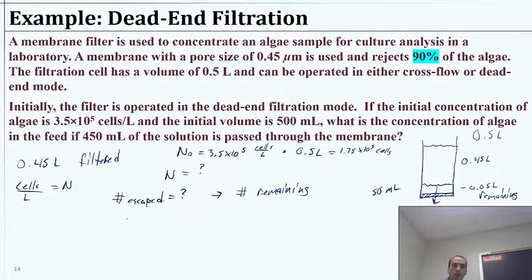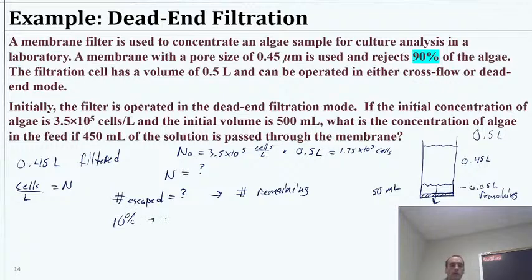So this number of cells escaped should be 10% times, that's 1 minus the 0.9. This should be 10% of the flow that left.